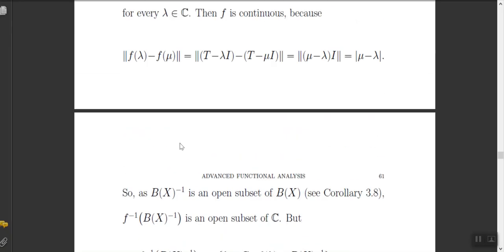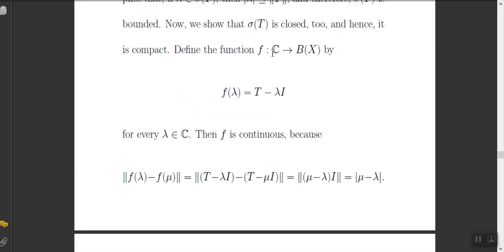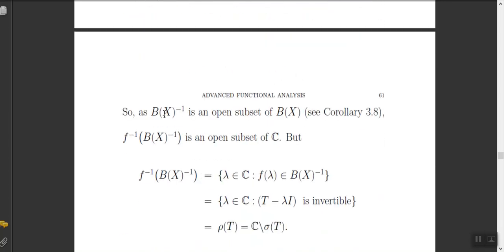Therefore, look at here, we have this function from this topological space to this topological space. And B(X) inverse, do you remember, as a subset of B(X), see this corollary 3.8, is open.